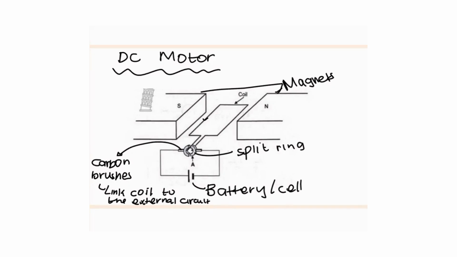So they link that part to that part. Then we have the external circuit, where this would be the negative and this would be the positive part of the battery.